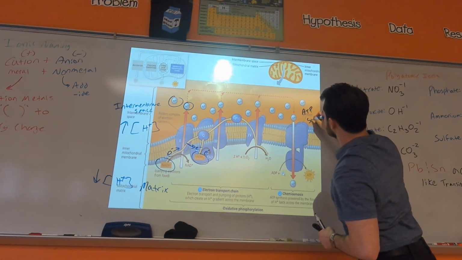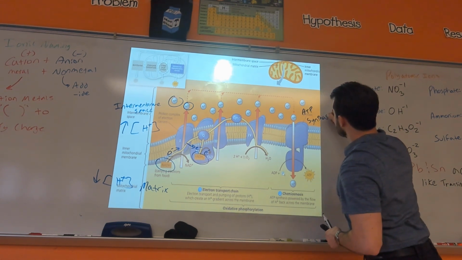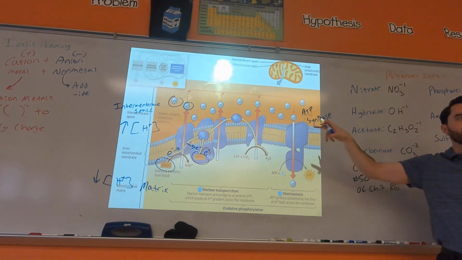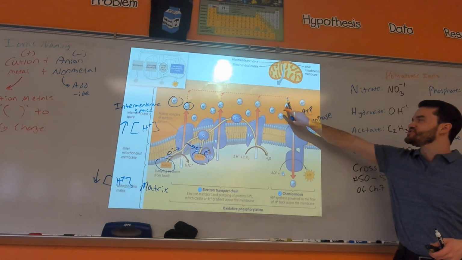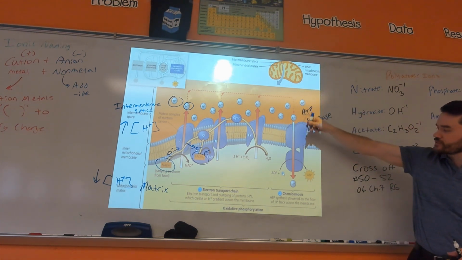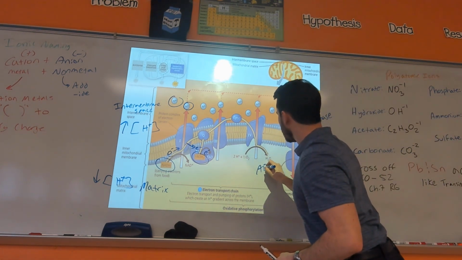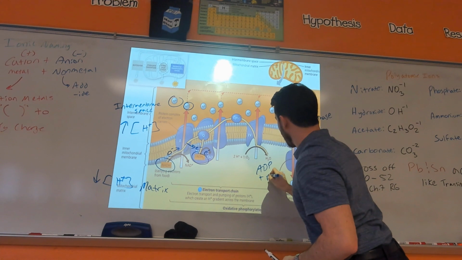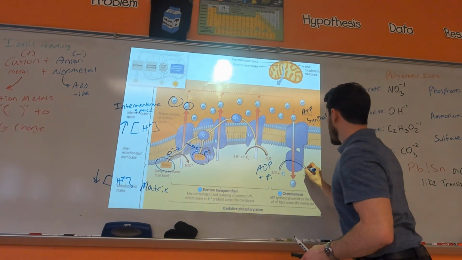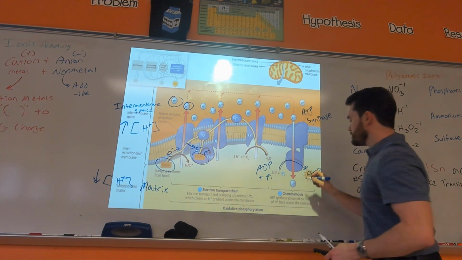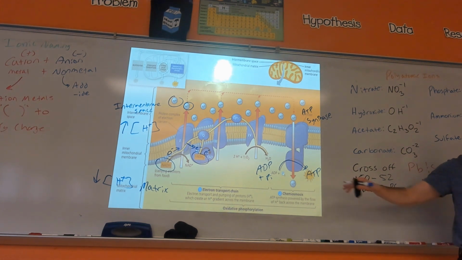This is the world's smallest turbine. Think of the hydrogen ions as like wind, like a wind turbine. The energy of these hydrogen ions flowing through the ATP synthase will take your ADP plus a phosphate and turn it into ATP.